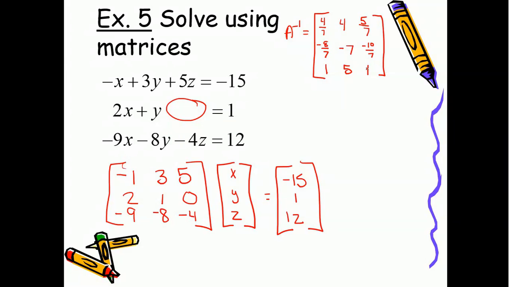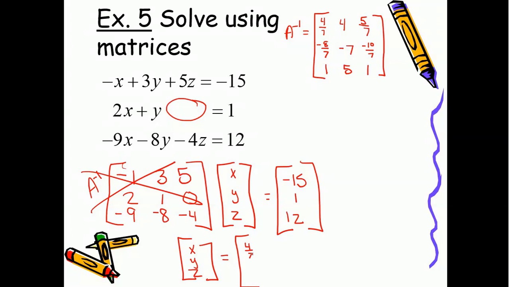Holy buckets. So this multiplied by A to the negative 1, going to cancel that out. Left with x, y, and z. Now let's multiply that coefficient matrix, or my new inverse matrix, by my answer matrix. This one might be some hard multiplication though.